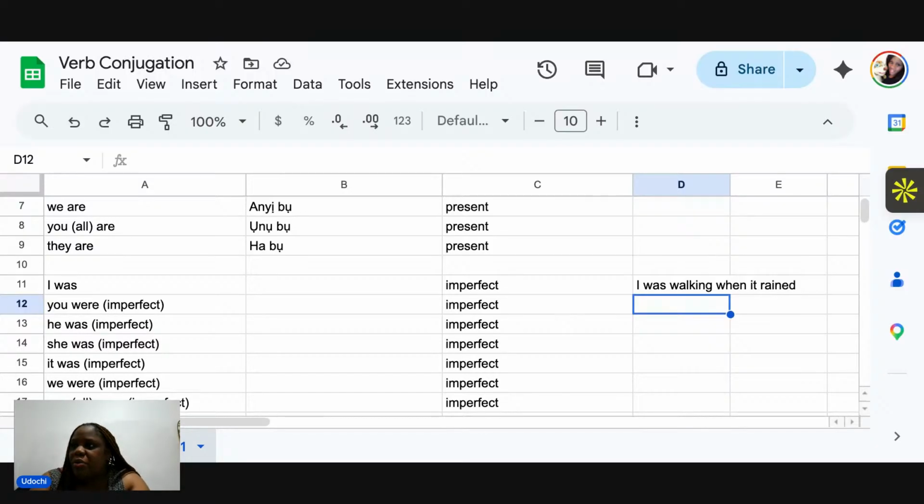Examples of imperfect tense in English: I was studying when you called. She was sleeping when the phone rang.